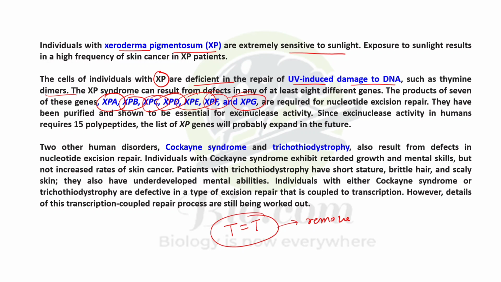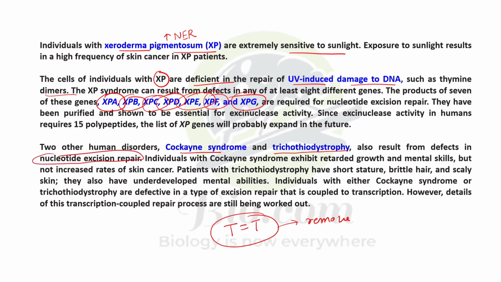All these are required for nucleotide excision repair. So xeroderma pigmentosum is a disease due to a defect in NER, that is, nucleotide excision repair. Other syndromes like Cockayne syndrome and trichothiodystrophy also result from a defect in nucleotide excision repair.